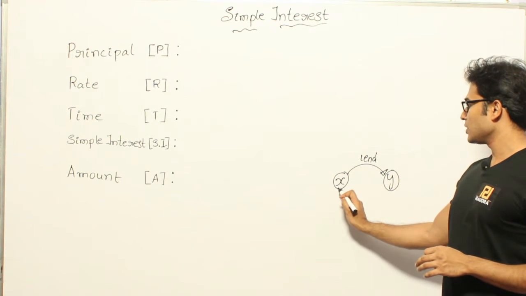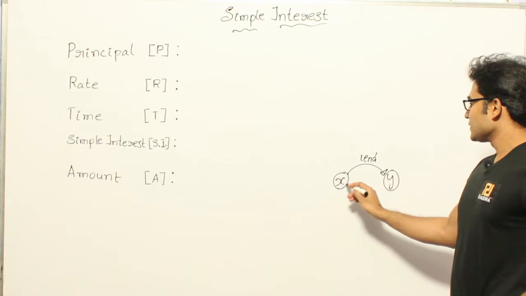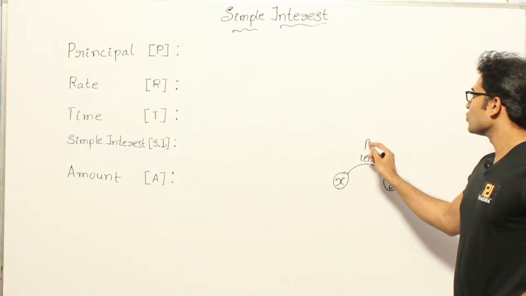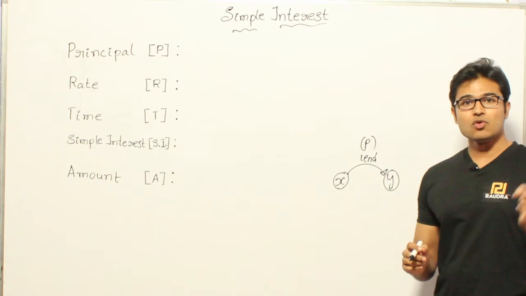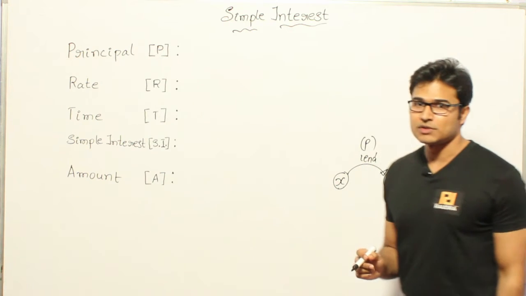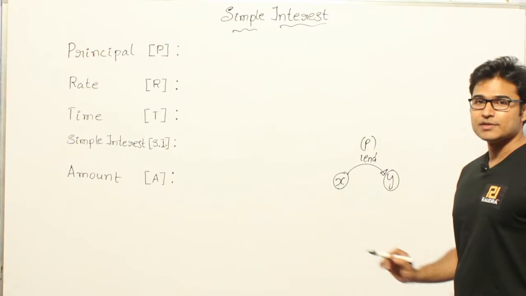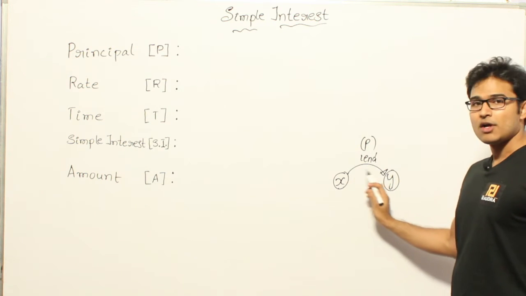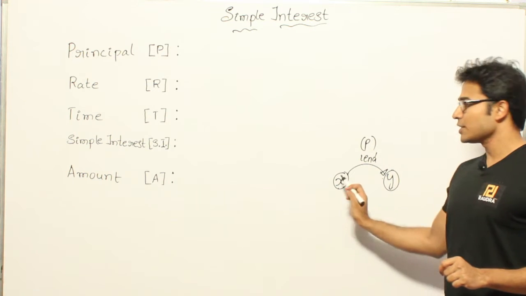Y has borrowed the money from X. Let us assume that X is giving an amount of P rupees to Y. Sometimes the word loan is also used. So X has given money to Y, it means that X is lending money to Y, or X has given a loan to Y, or Y borrowed some money from X.